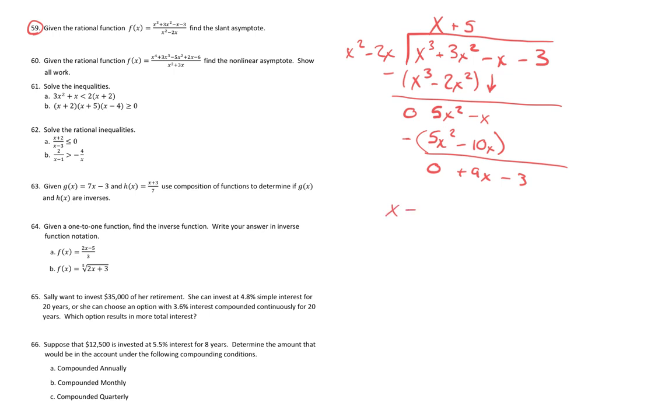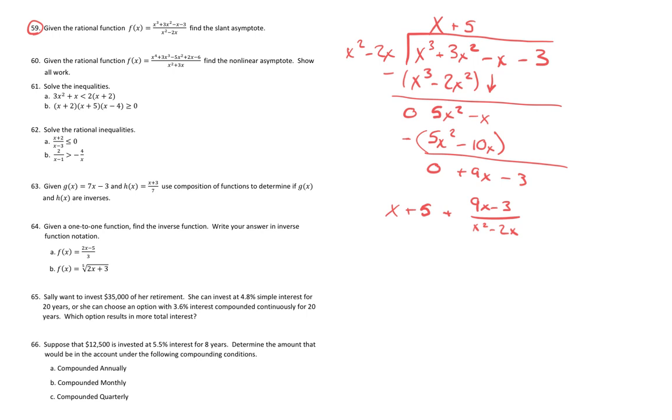So if we divide it, we get x plus 5 plus 9x minus 3 over x squared minus 2x. This is the exact same thing as the original, we've just done a little rearranging. If we imagine x becoming really, really large, this term will end up going towards 0, because the really large numbers squared dictate the behavior.